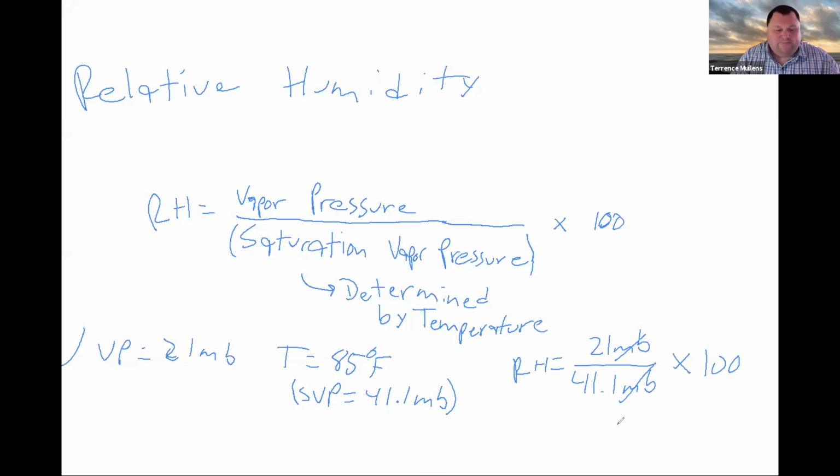So just 21 divided by 41.1. And this is what I got. In decimal form, I got 0.51094891. To convert that to a percentage, just multiply it by 100. 51.09. That's what I got. And that looks like that's what most of you got.